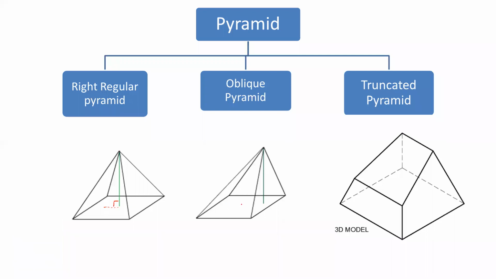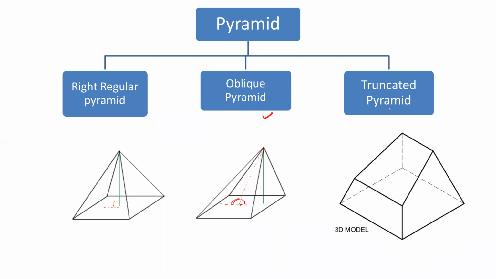Then for the oblique pyramid, if you join the center of the base with the apex like this, then it is not exactly a right angle. So this is an acute angle, or you can observe this as an obtuse angle, and this is called an oblique pyramid.